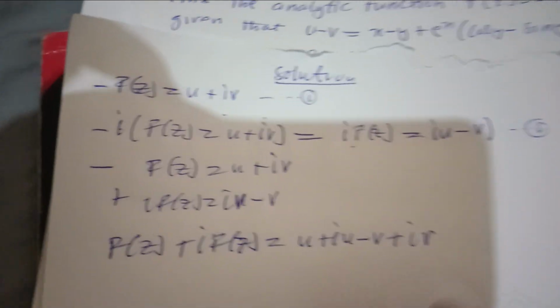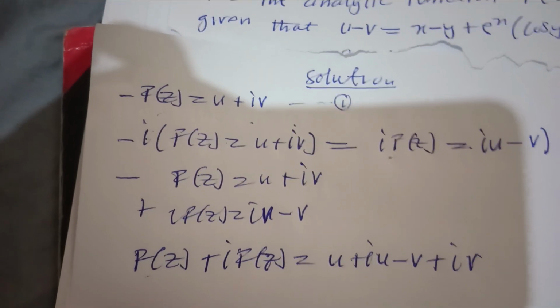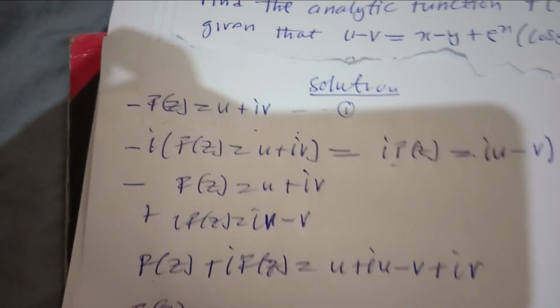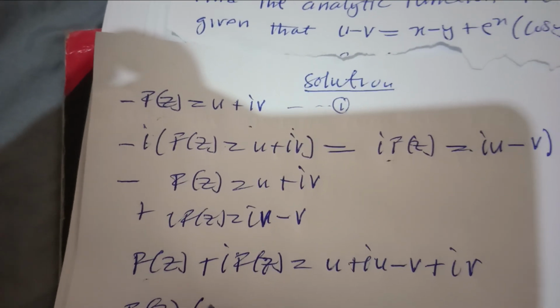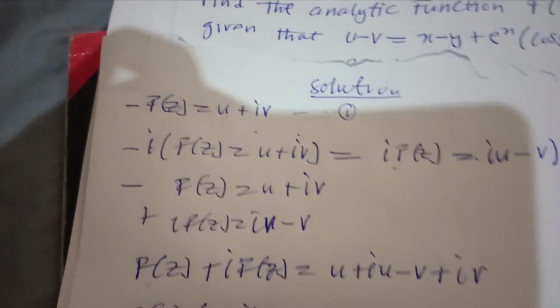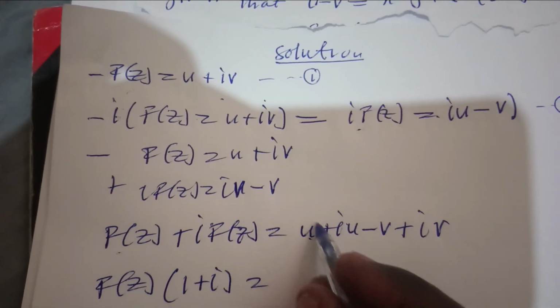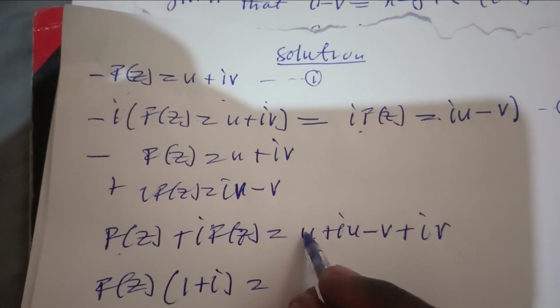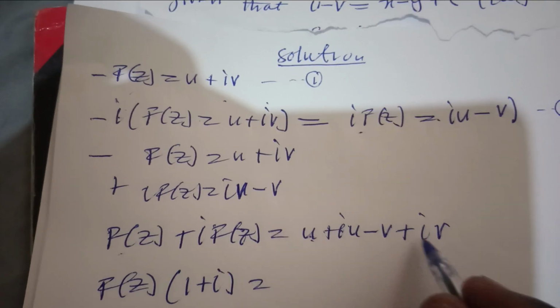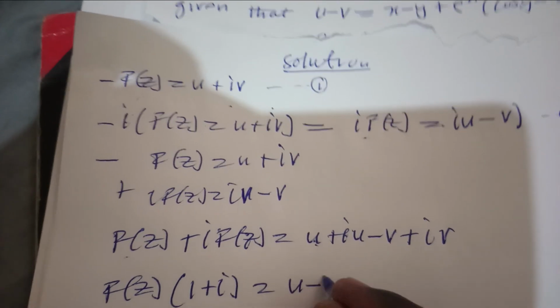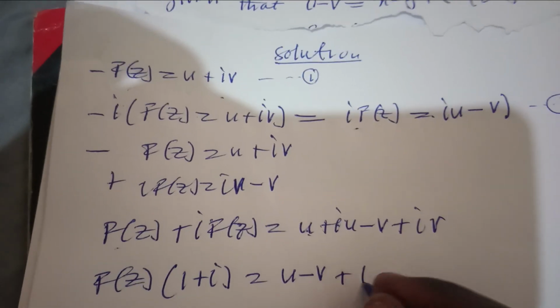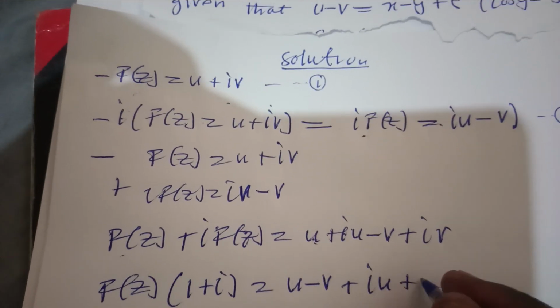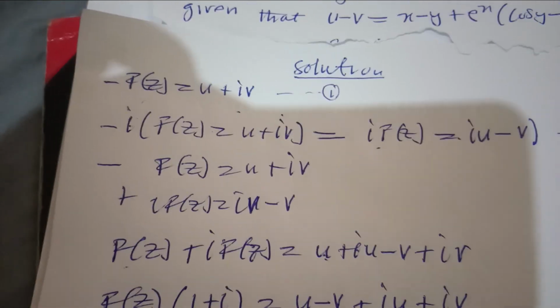So we collect like terms, or we factorize here. If we factorize f(z), we have 1 plus i is equal to, we collect those parts without i, so this one and this one, u minus v plus iu plus iv.